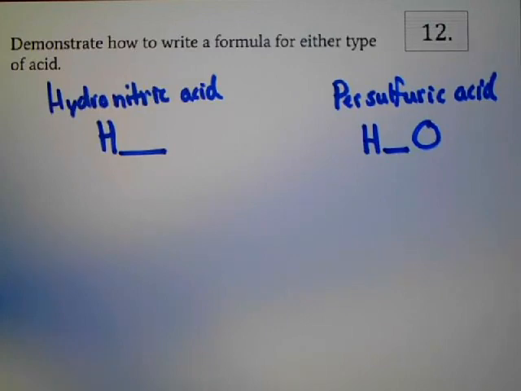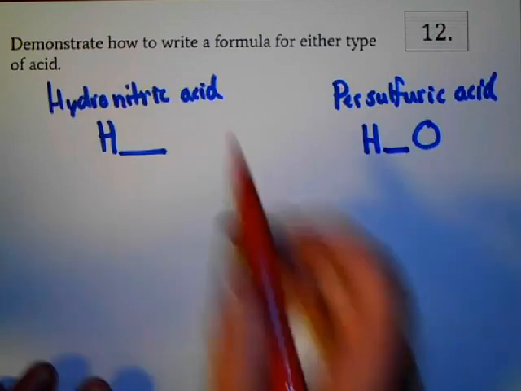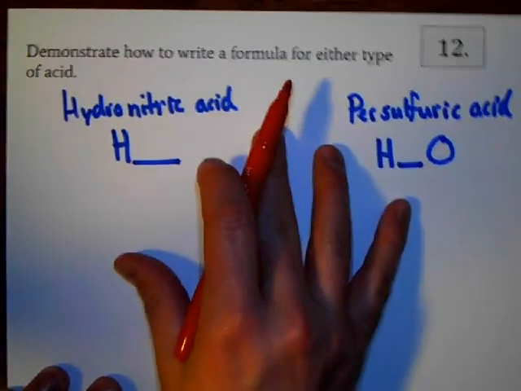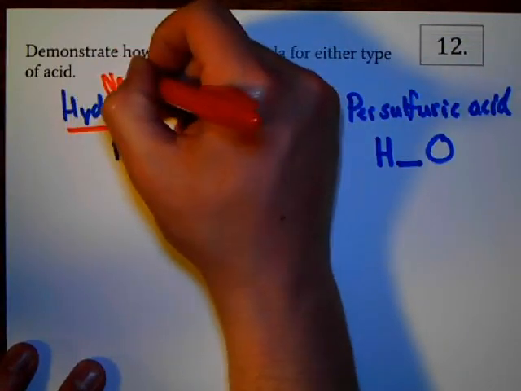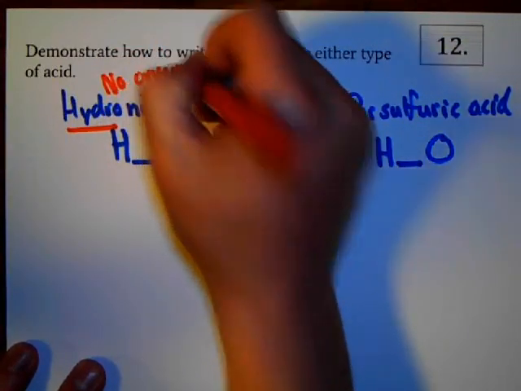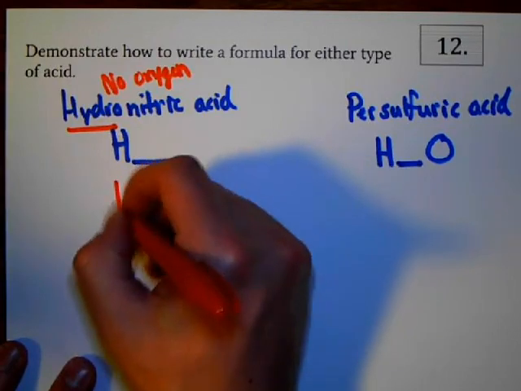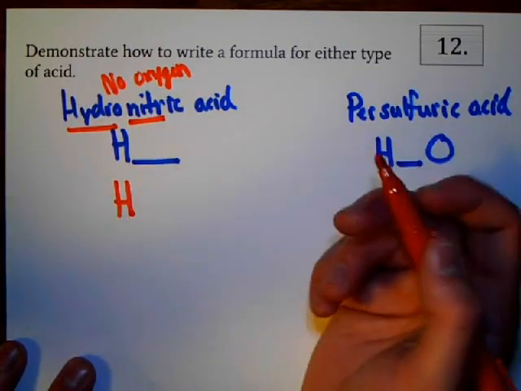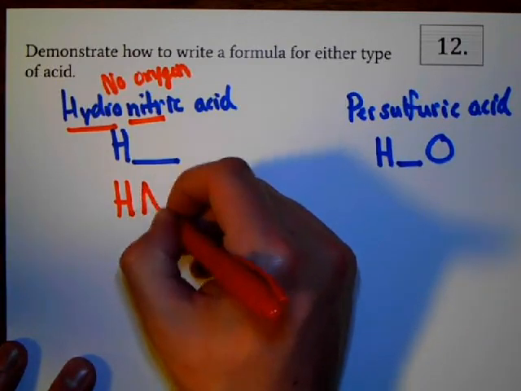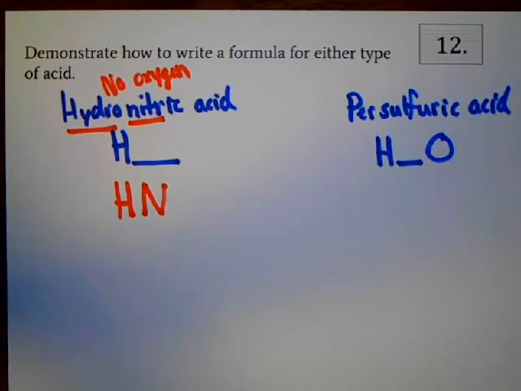So how this is going to be done, is we have to do this first one. Hydro, we should look at our note card number 10, and we see that hydro is the prefix for no oxygen. So all we write is hydrogen up front, and we add the element that comes afterwards, nitric. Well, the root word for nitric is nitrogen, so we write HN.